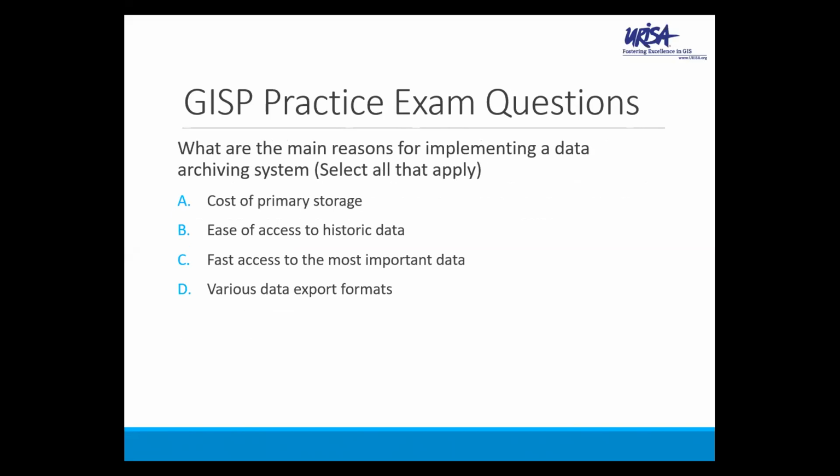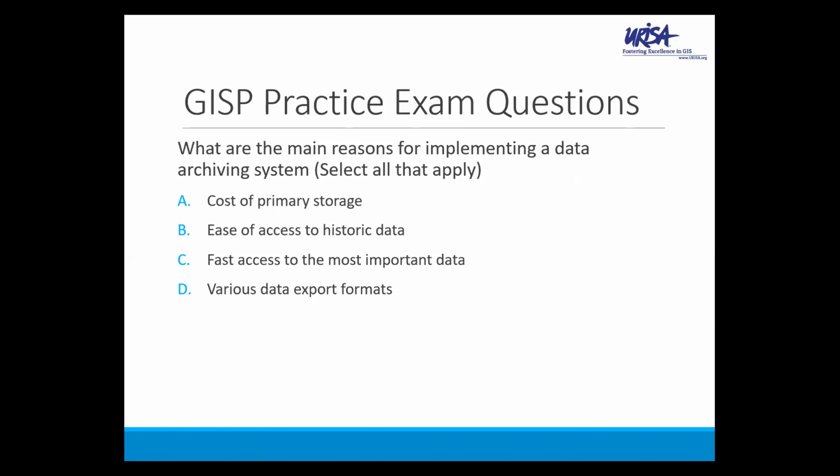What are the main reasons for implementing a data archiving system? When you look at the possible answers here, the cost of primary storage, ease of access to historic data, fast access to the most important data, and various data export and imports, I would select all of these. It just goes without saying that that's what GIS data systems are designed for: ease of access to historic data.